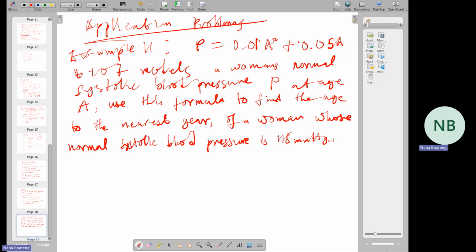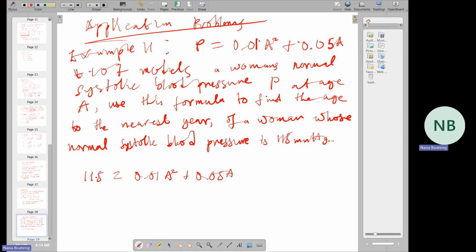So we want to find A, and we are given P. So P is 115. So we can write this as 115 is equal to 0.01 A squared plus 0.05 A plus 107.